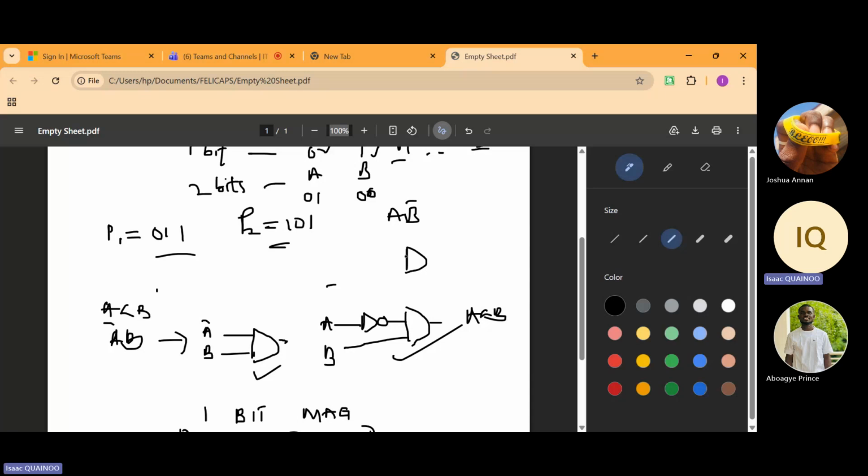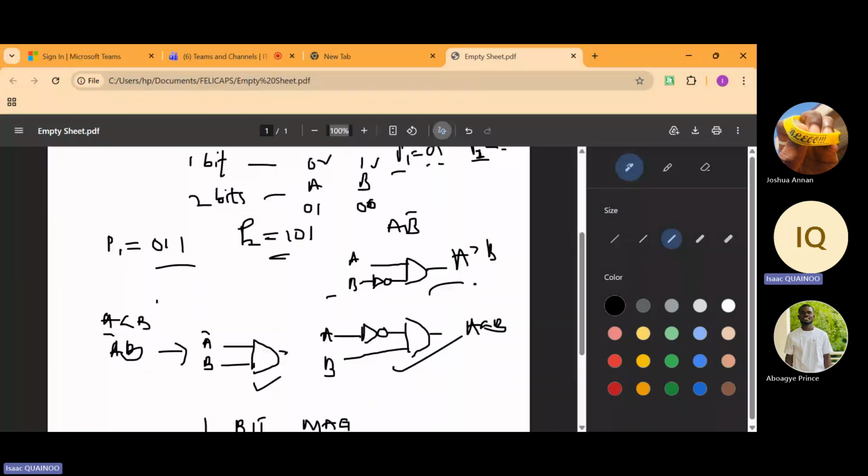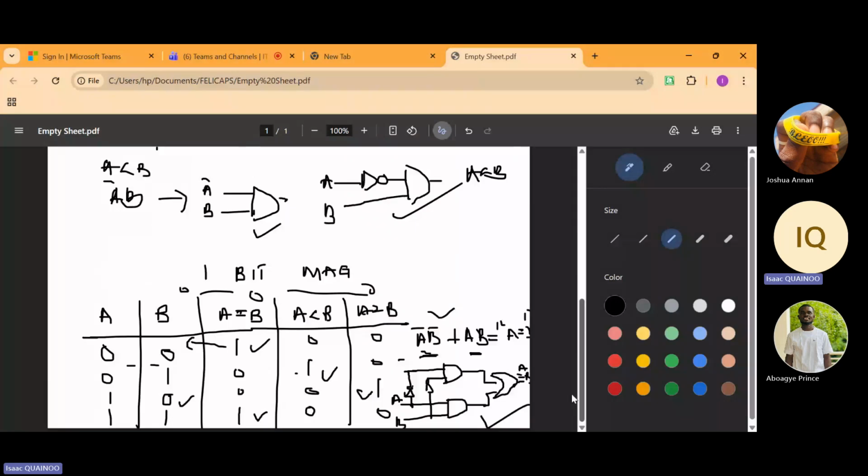And then we have A, and then we have our B bar. So this implements A is greater than B. All right, so after you've done this, you can connect your three together using universal inputs.